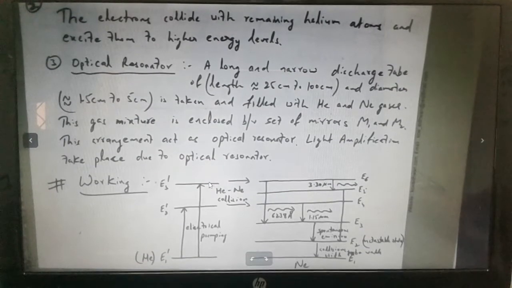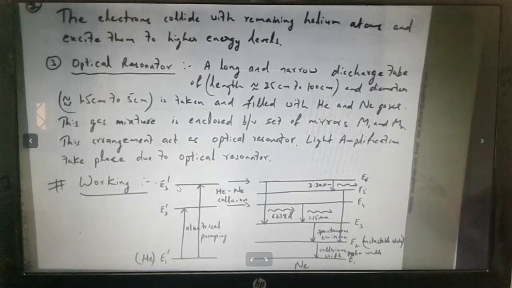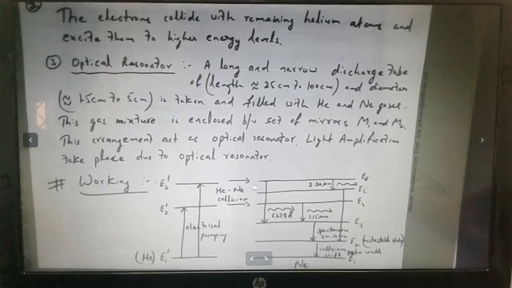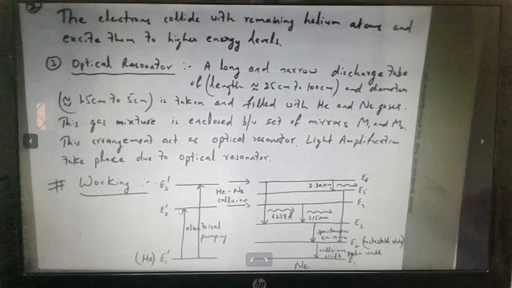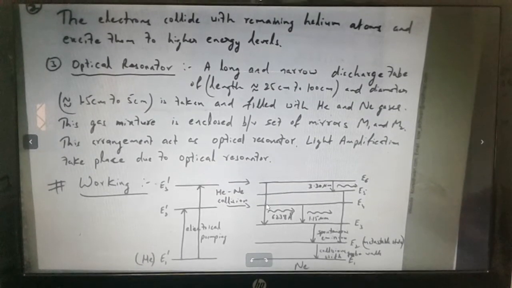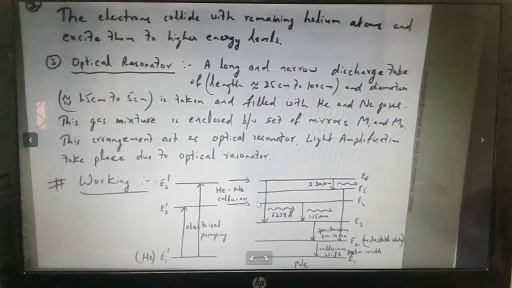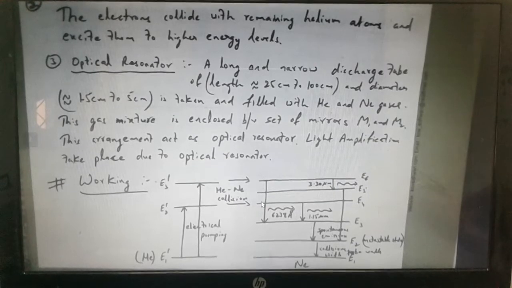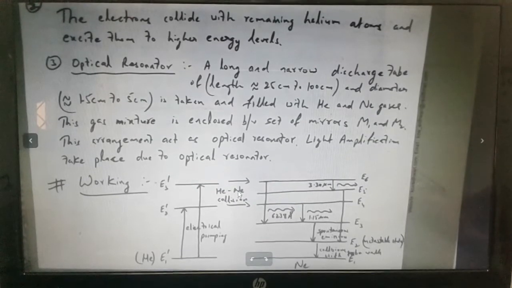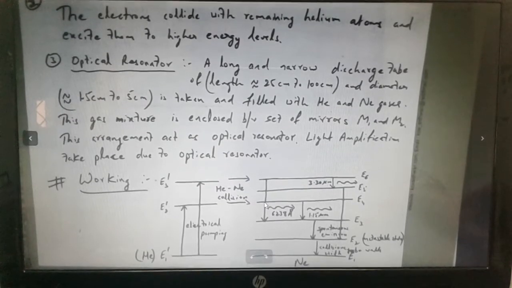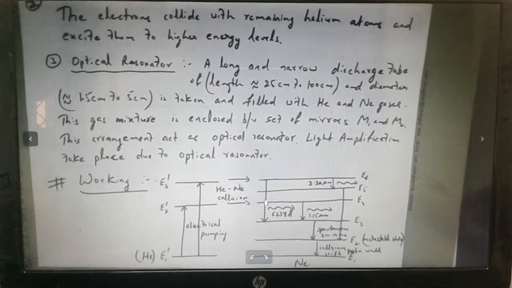One thing you must notice is that the E3 dash level and the E6 level are almost of the same energy, and similarly E2 dash and E4 have the same energies. Therefore after these helium neon atom collisions, the neon atoms move to the excited states E4 and E6.